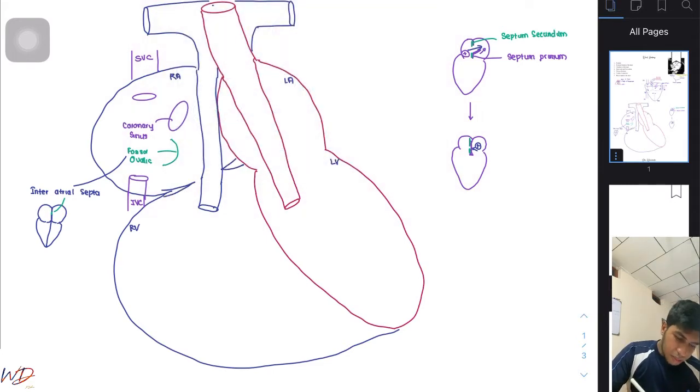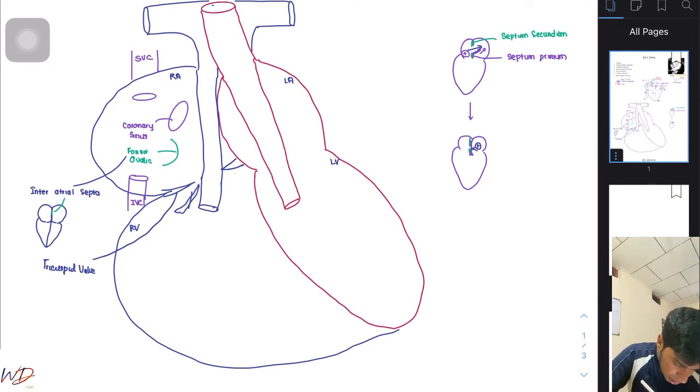Next, I will talk about the valves from the right side of the heart. We have the major valve for the right side of the heart. This is called the tricuspid valve. Now, if you look carefully, it is facing upwards like this.